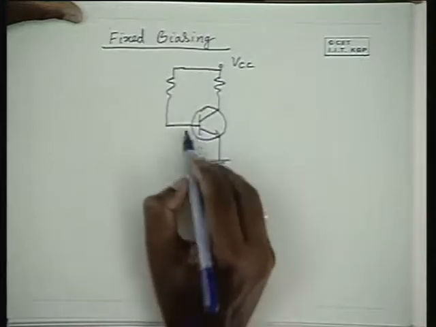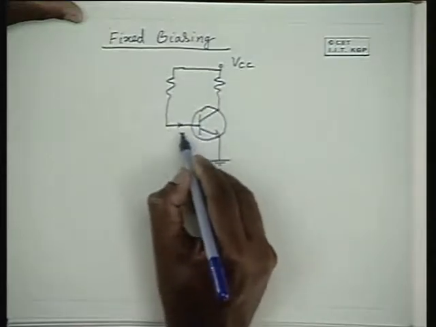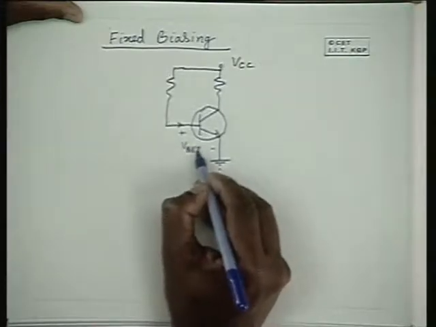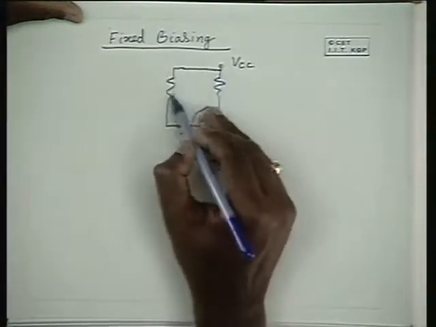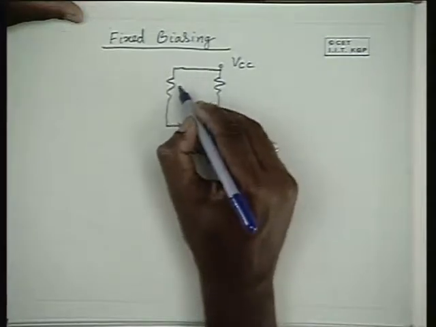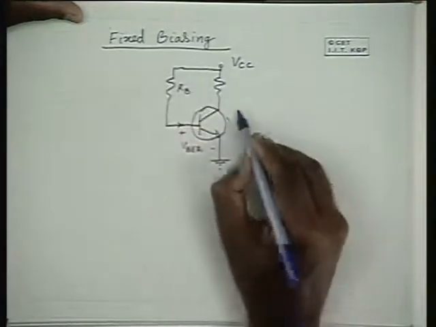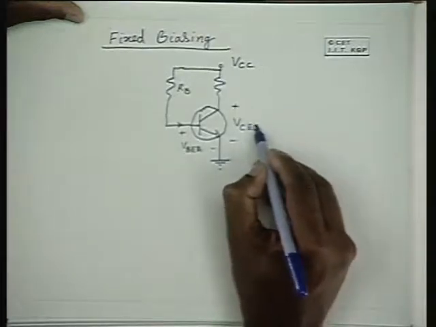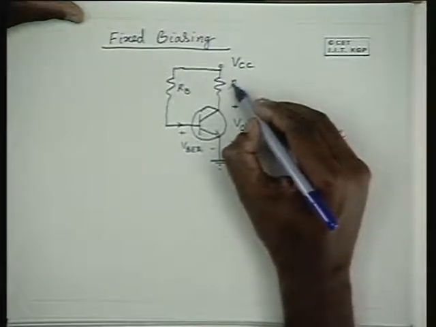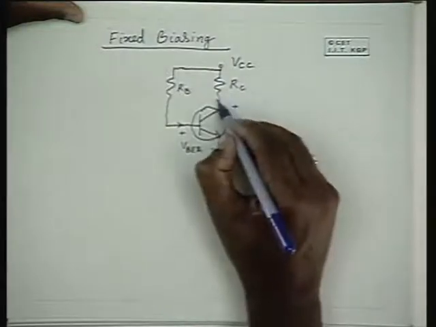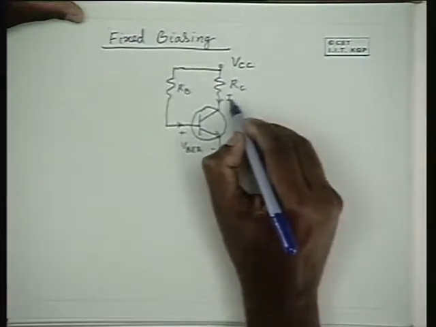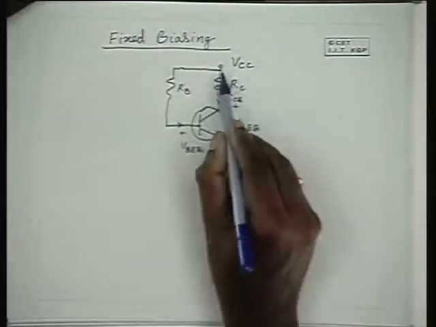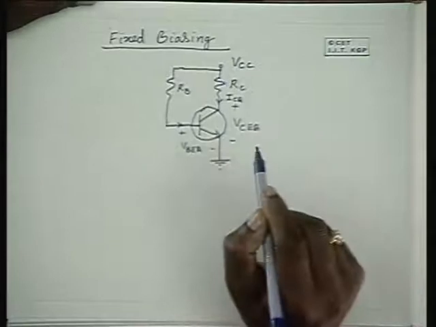The base current and the required VBE are provided through this resistance RB, and the required VCQ is provided through the collector resistance RC, and the current ICQ is provided through RC. So, the same supply can be used for both.